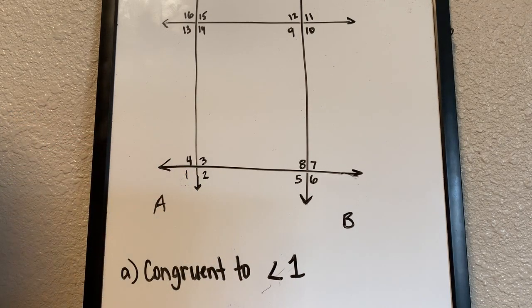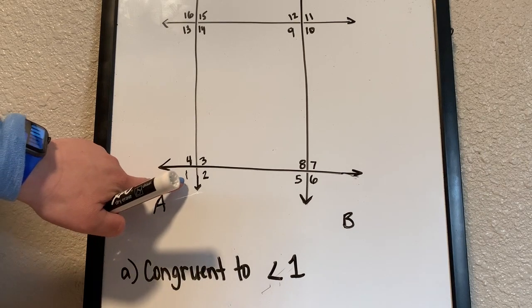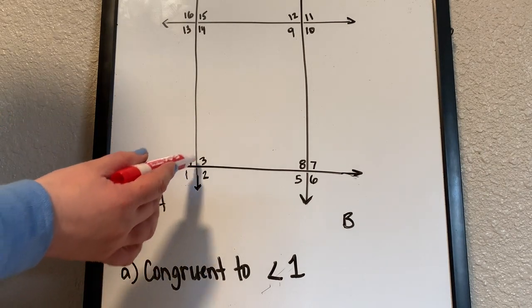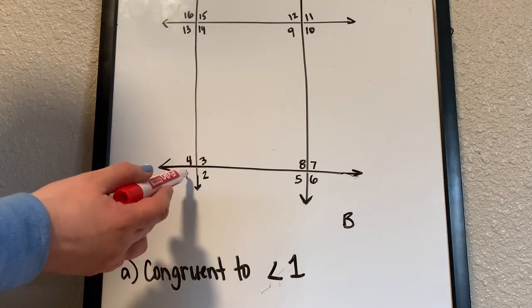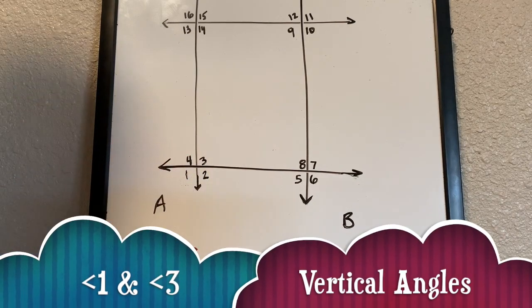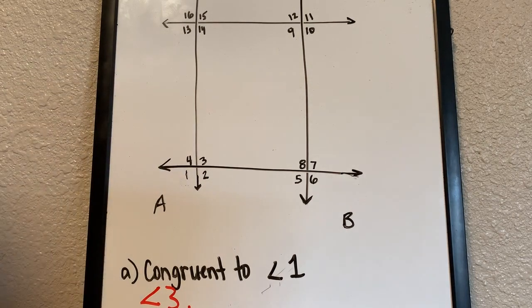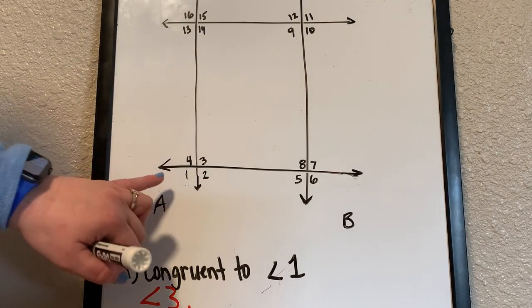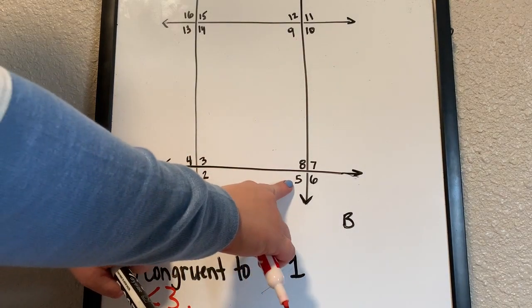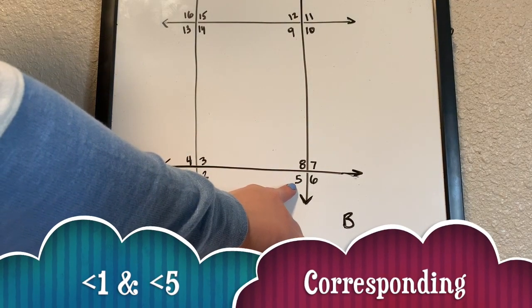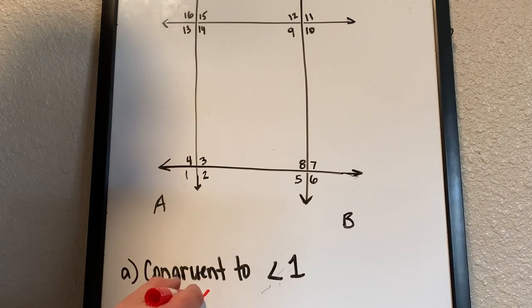So just right off the bat, I can see that angle 1 is congruent to angle 3 because they are vertical angles, okay? I'll try not to say the reasons why for all of them. So angle 3 is congruent to angle 1. I also see that angle 5 is congruent. Remember, the word congruent means that they are equal to each other.